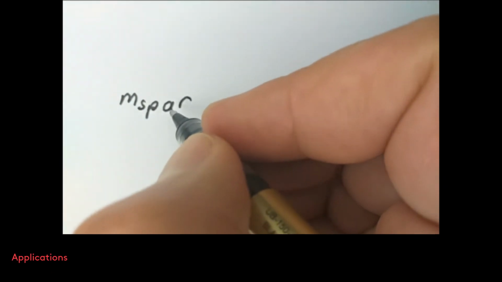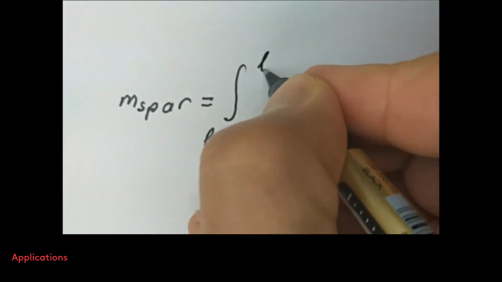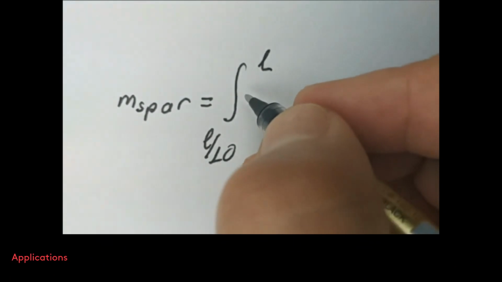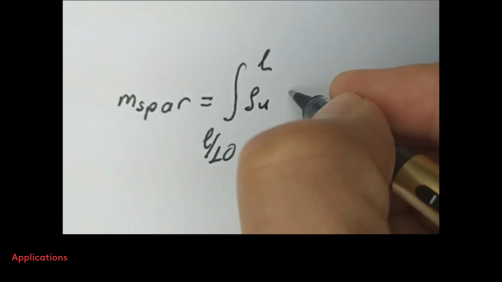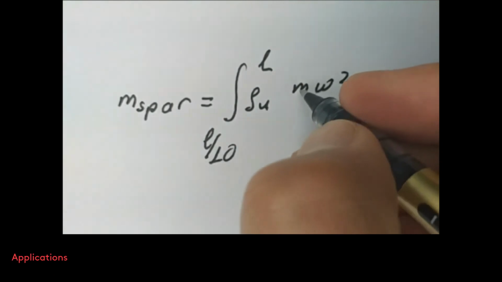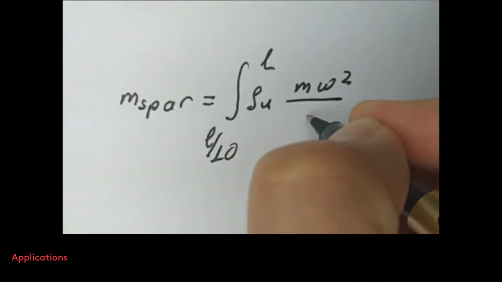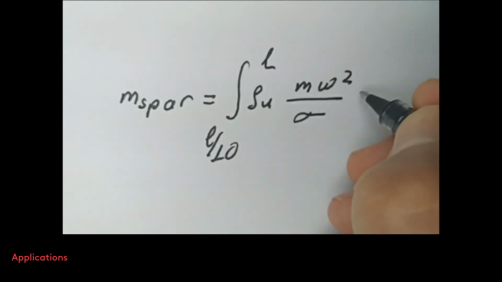So mass of the spar is equal to the integral from L divided by 10 to L, density of the unidirectional fiber, m omega square divided by sigma, multiplied by L square minus X square.